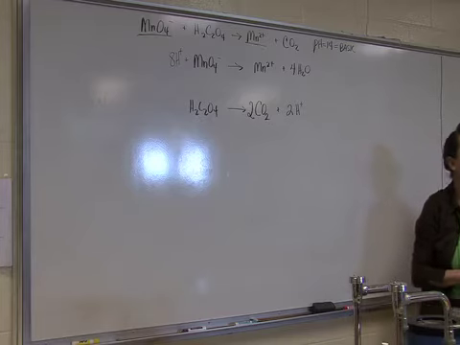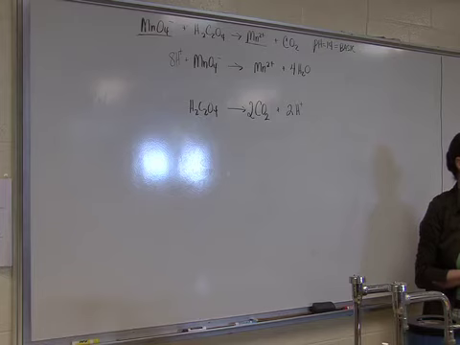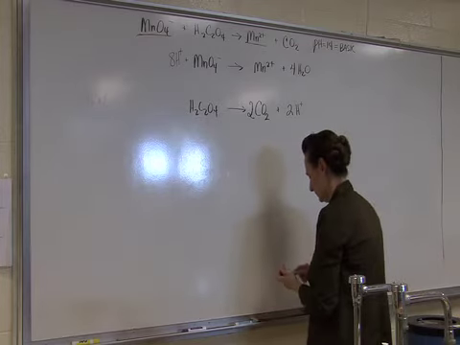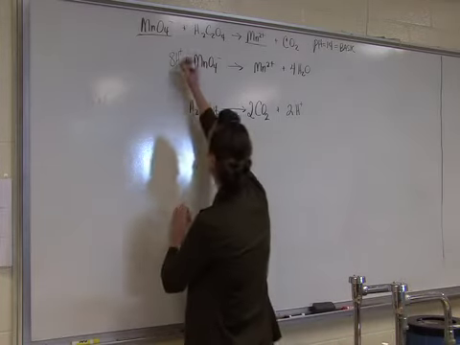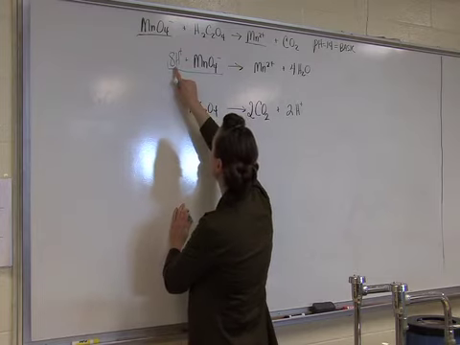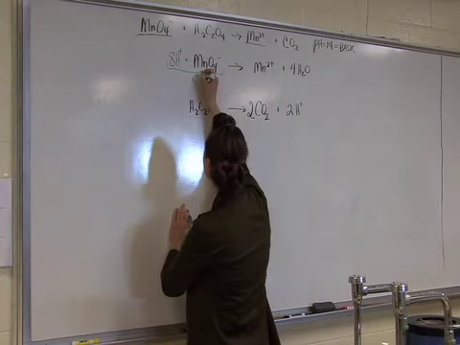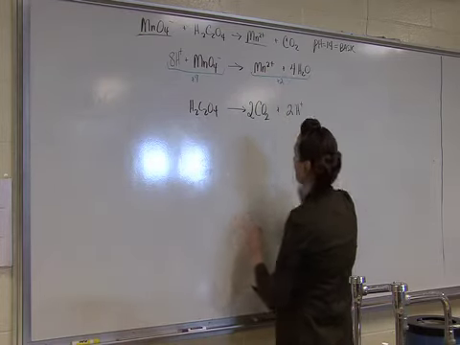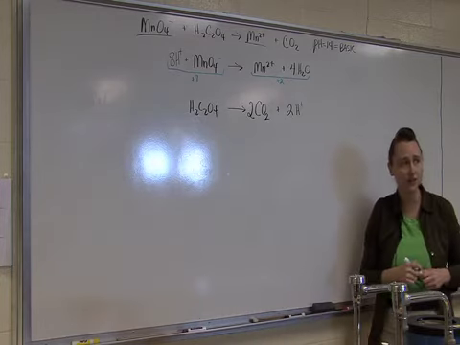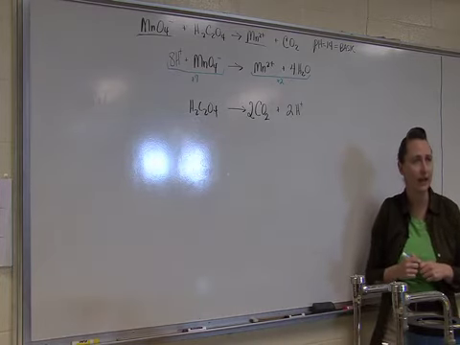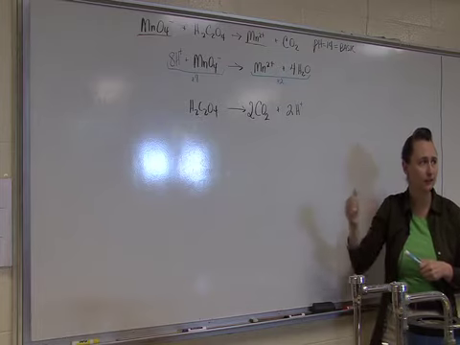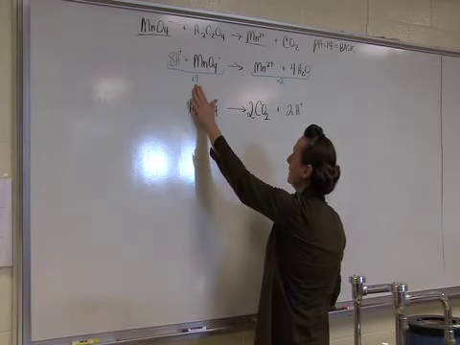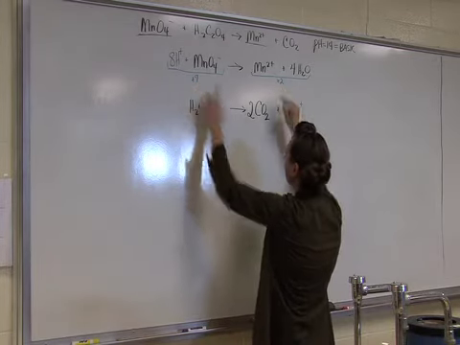So now all of my atoms are balanced. I have to work on charge. Total charge here, I have 8 plus and a minus, so I have a plus 7. Here I have plus 2. Add electrons to the most positive side. Add enough to bring it down equal to the other side. So positive 7 is the most positive, and it will take 5 electrons to get it down to plus 2.